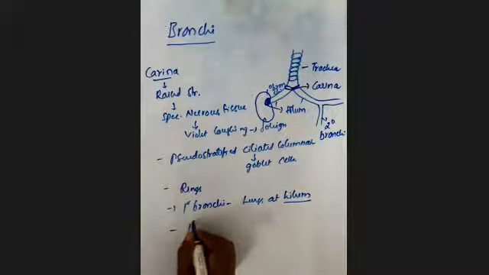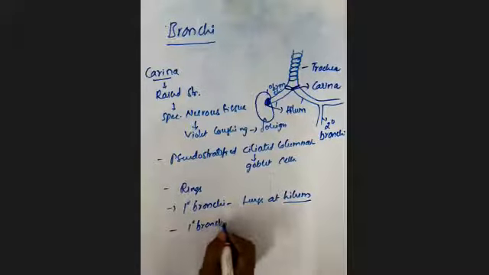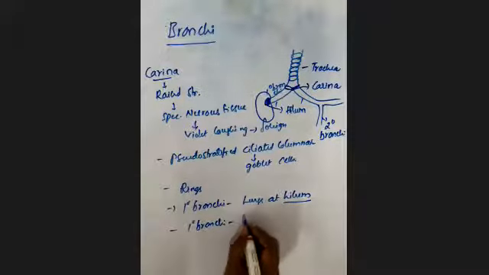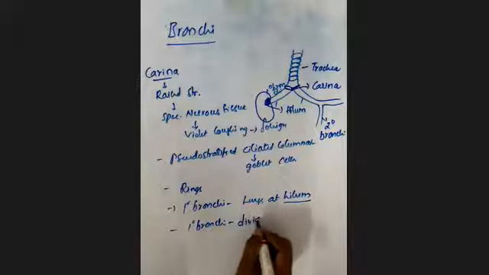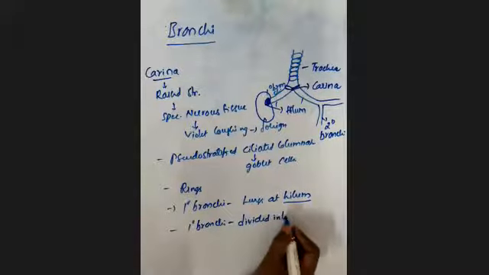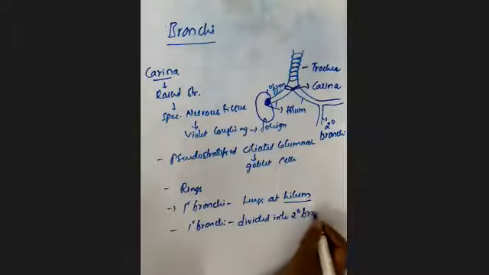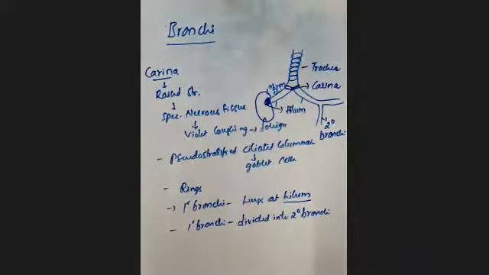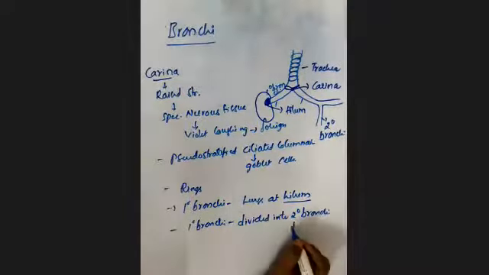This primary bronchi again is divided into secondary bronchi. Further branches of these secondary bronchi are called bronchioles.